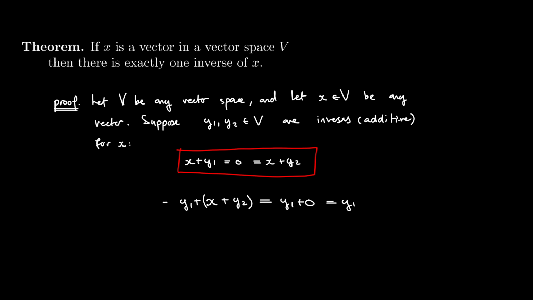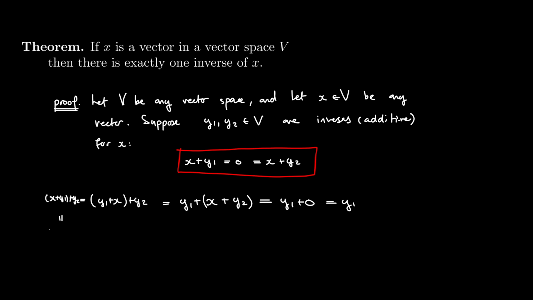But I could have used the associativity law. So now I get y1 plus x, plus y2. And now here, let's just be completely clear, I can use commutativity. So I get x plus y1, plus y2. And again, now I can use the fact that y1 is an additive inverse of x.